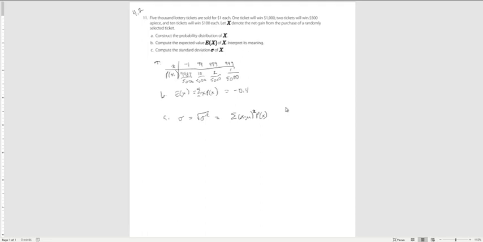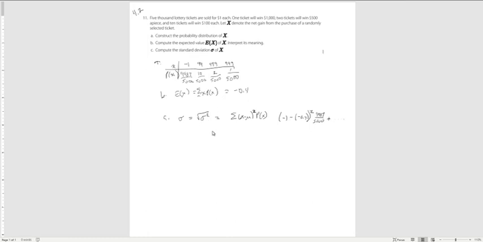We have to put all of our values in here. We start off with summing. Our first element will be -1 minus -0.4, that value squared, times the probability, which is 4,987 over 5,000. Plus, we continue that for the other elements as well.